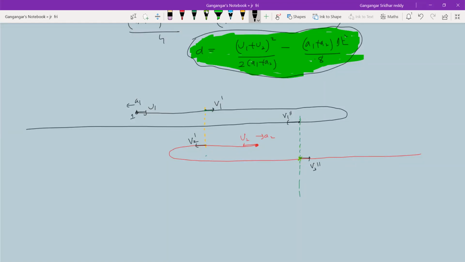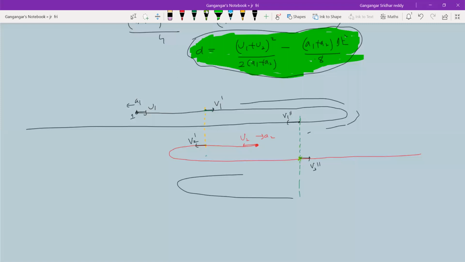I can ask you many questions here also. What is the distance moved by particle 1 between two meetings? It is asking this distance, this one, like this. Then how much distance will particle 2 move between two meetings? It is asking this distance, overall path.